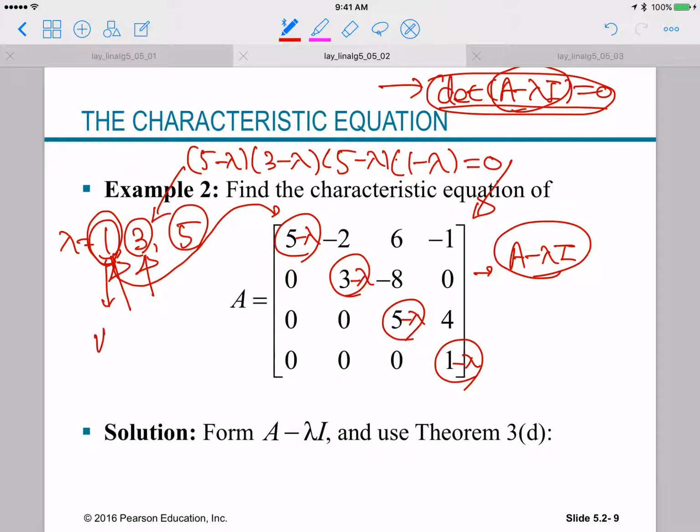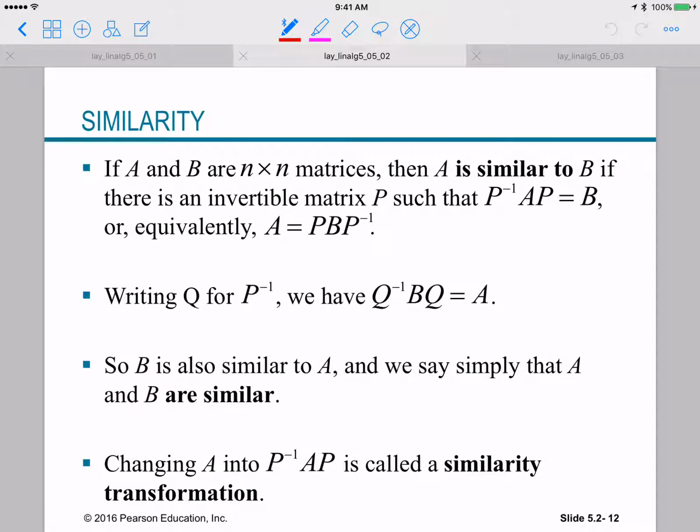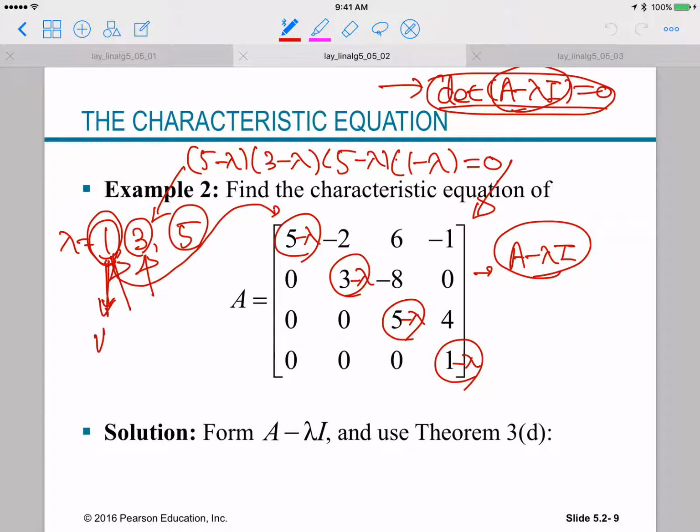Then you can obtain some non-trivial solution for A minus lambda I with lambda being 1, 3, or 5.